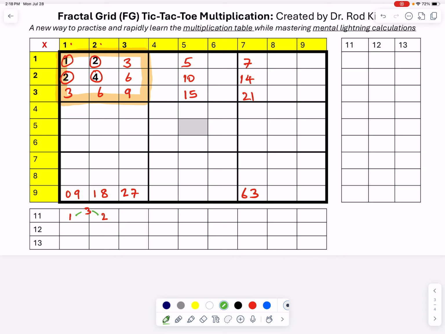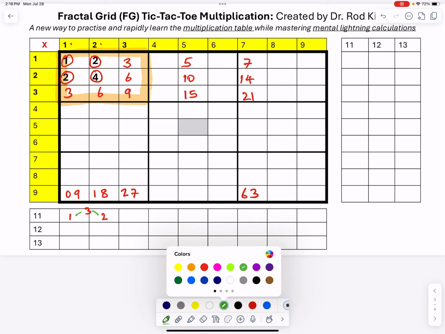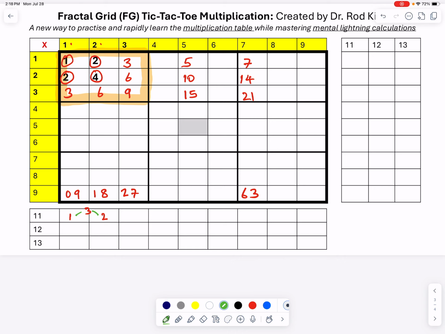If you are multiplying 11 by 45, you would write 4 and 5 and add these two. 4 and 5 give you 9. So your answer would be 495.